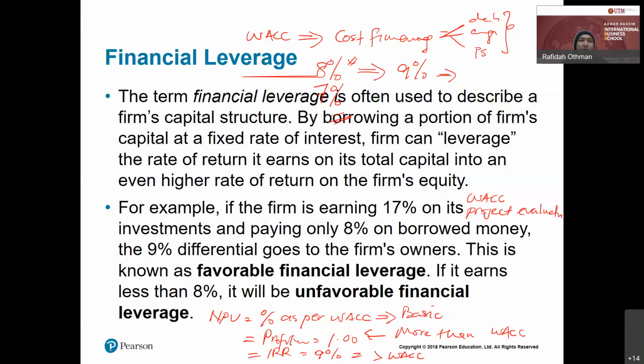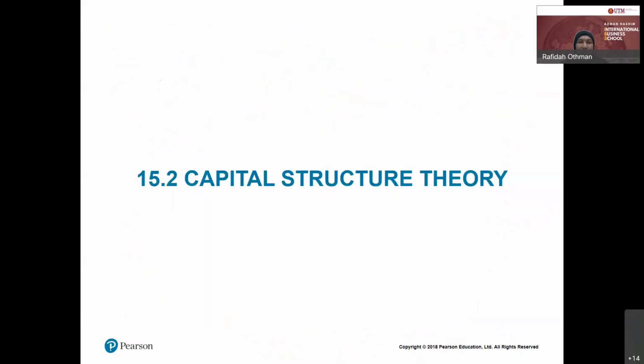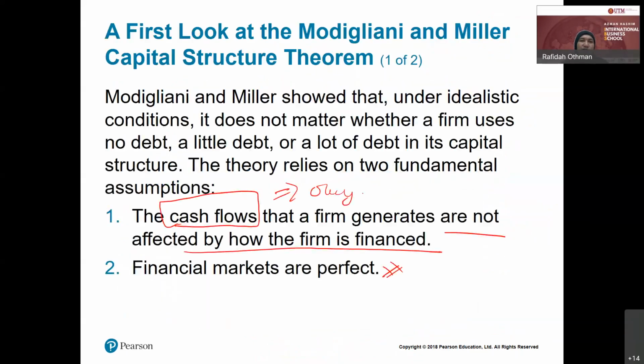Another issue is that we are going to look into the theory of Modigliani-Miller. Modigliani-Miller says that the assumption is that the cash flows a firm generates are not affected by how the firm finances. The most important thing is how you generate your income, meaning your operating income.